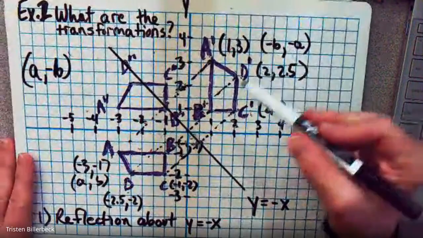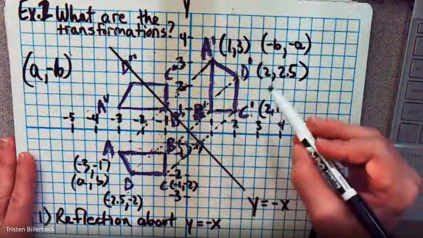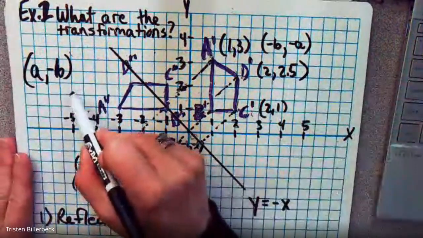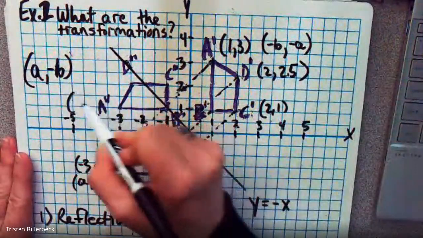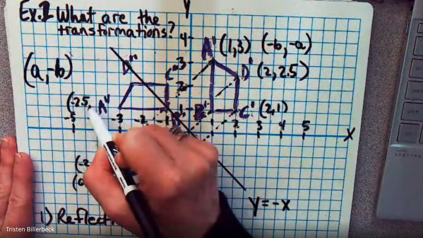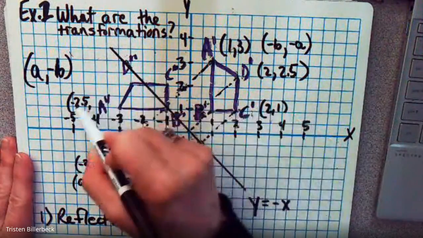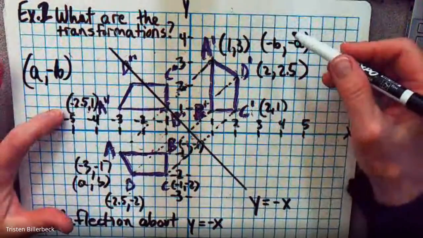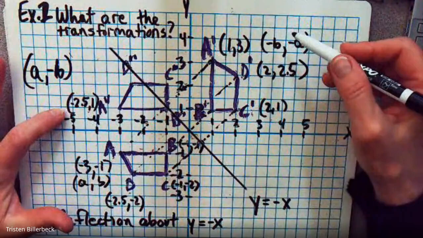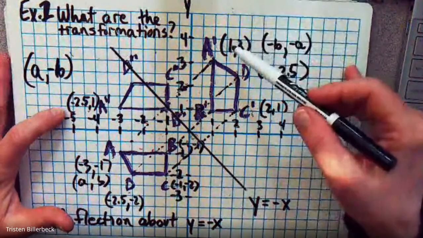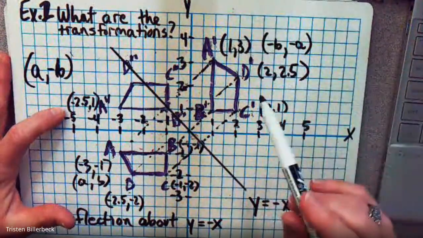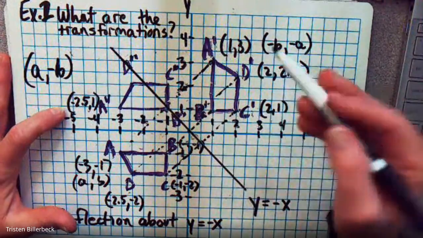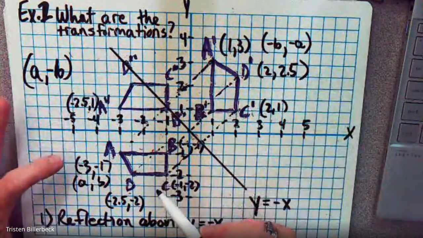All right, so then this next one here, if we're moving from here to here, we can take a look at what we've got with the coordinates. So this one's negative 2.5, and it's at 1. Okay, so A prime. Let's see, 2.5, 1.